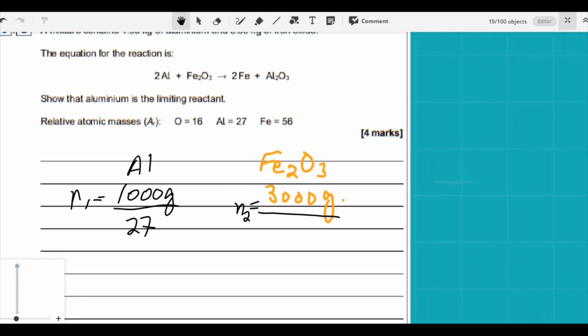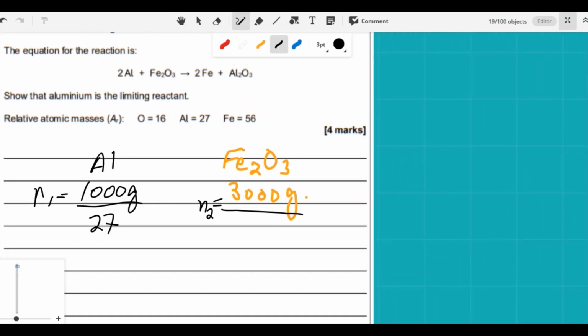The molar mass equals 2 times 56 plus 3 times 16, that equals 160.